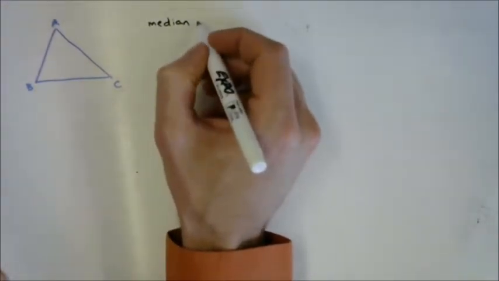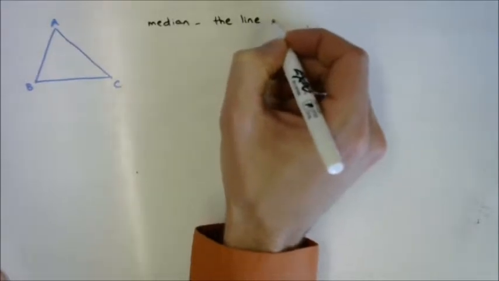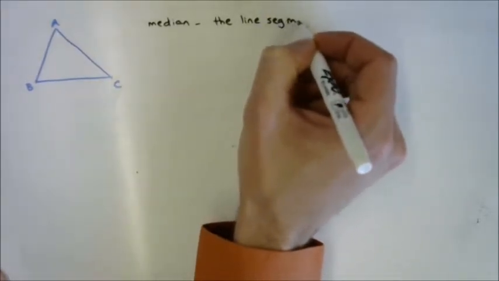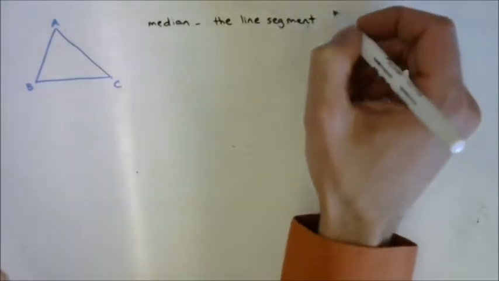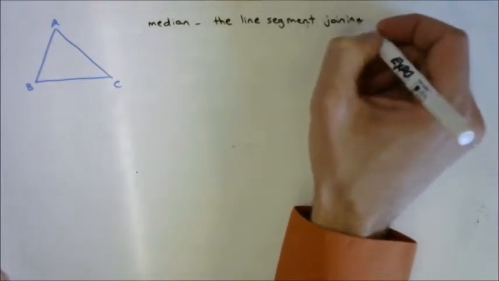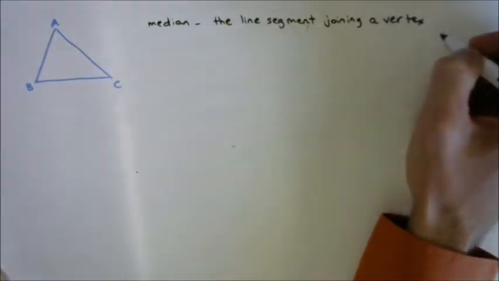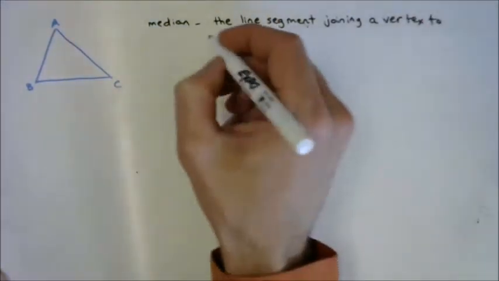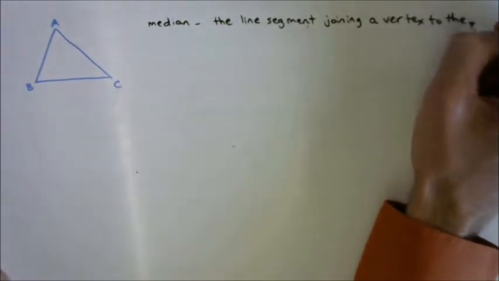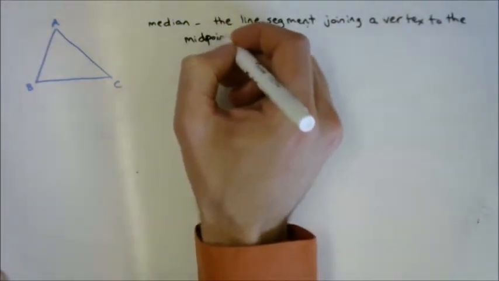So a median is the line segment joining a vertex to the midpoint of the opposite side.